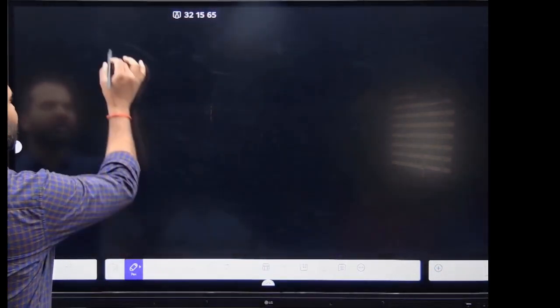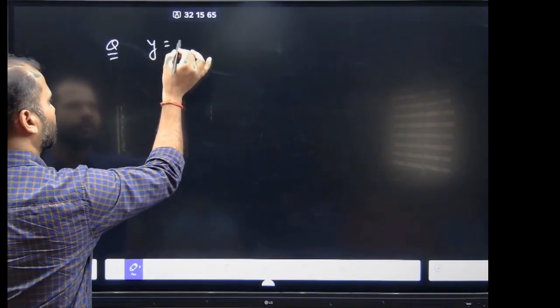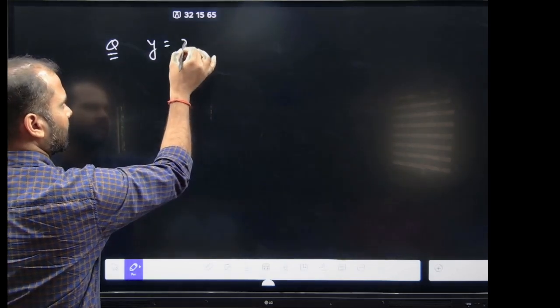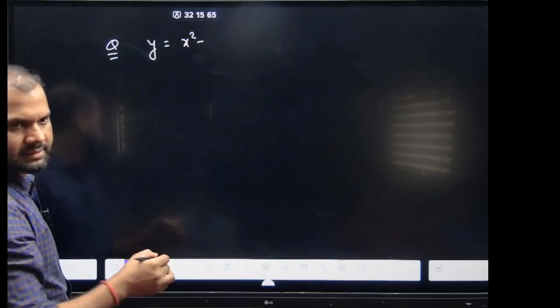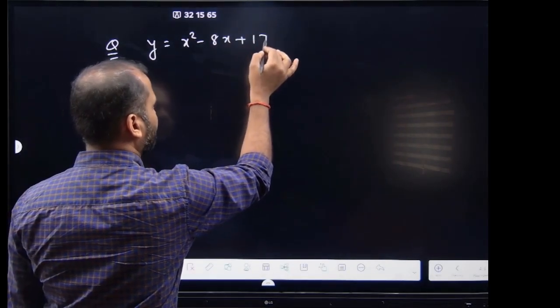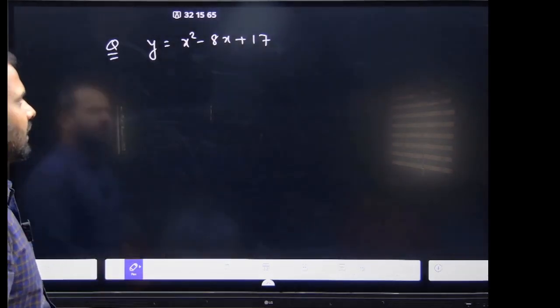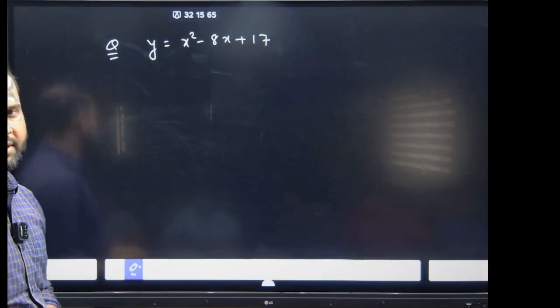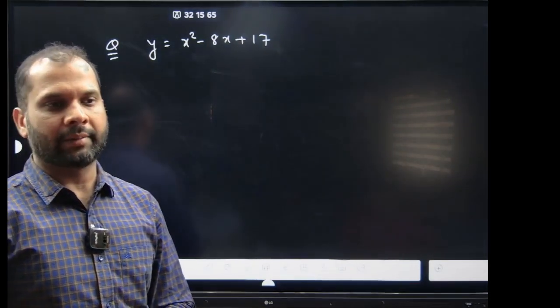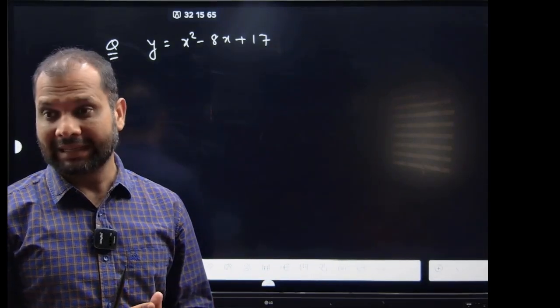We have to calculate the maximum value or minimum value of the function y is equal to x square minus 8x plus 17, where x belongs to real numbers. So, y is equal to f of x. What is the first step to find the critical point?